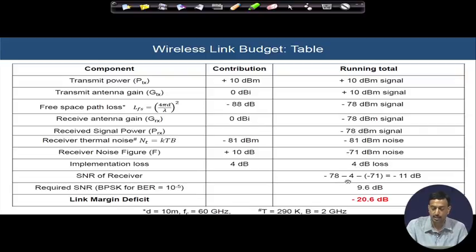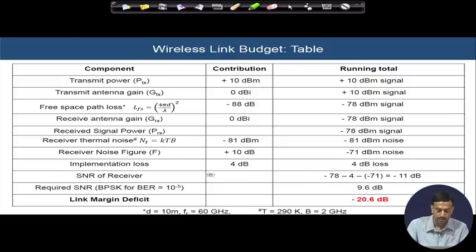We subtract the implementation loss of 4 dB, and we further subtract, because noise is in the denominator of the SNR expression, whatever was the noise value, which is minus 71 dBm. So it turns out that the signal to noise ratio at the receiver in this particular case is minus 11 dB.